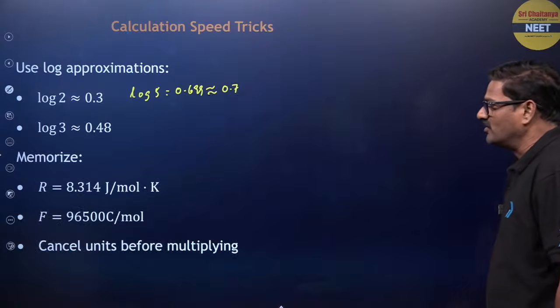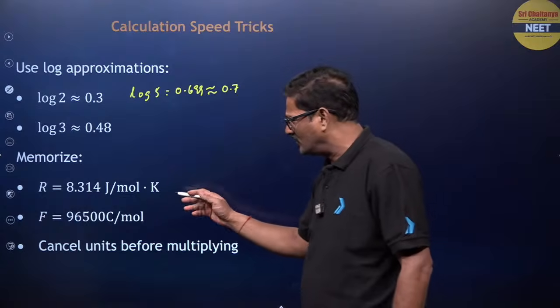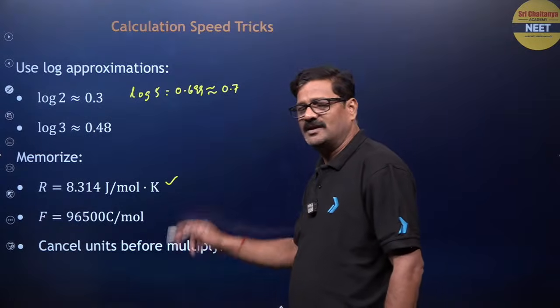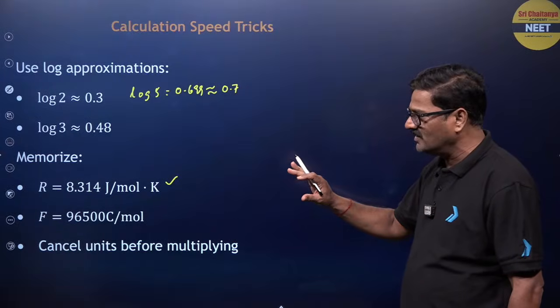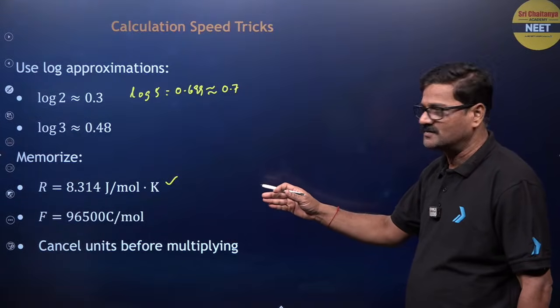Now memorize the R value, 8.314 joule mole inverse Kelvin inverse. Now you see, beta, here the R value will be given, F is 96,500.